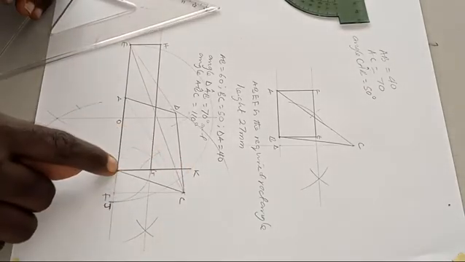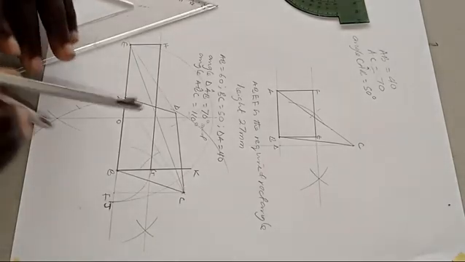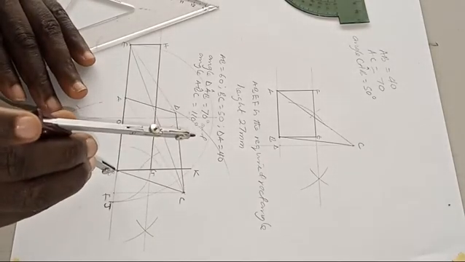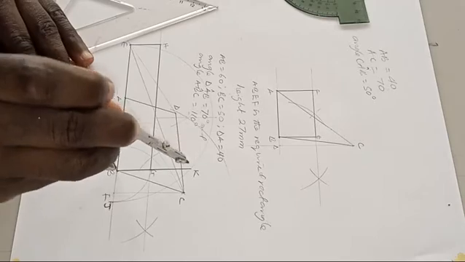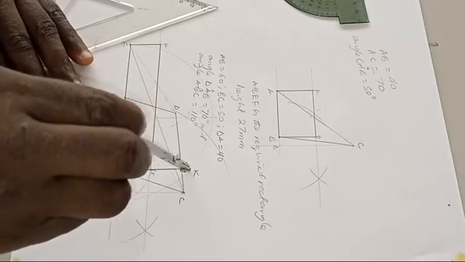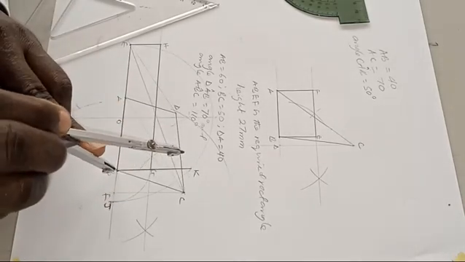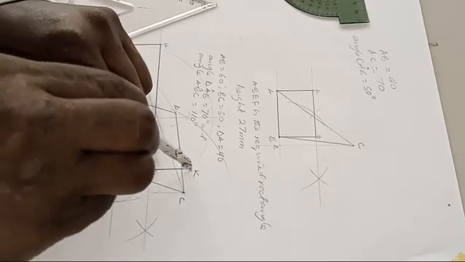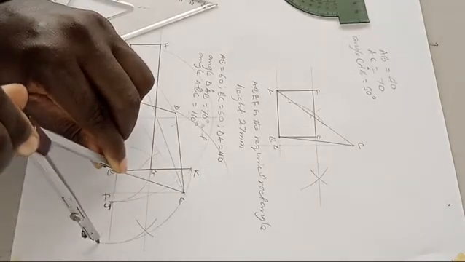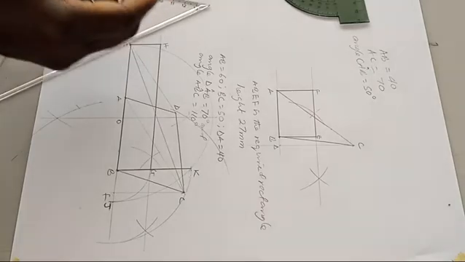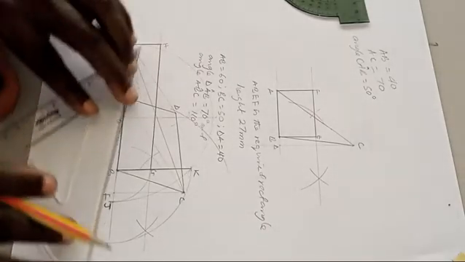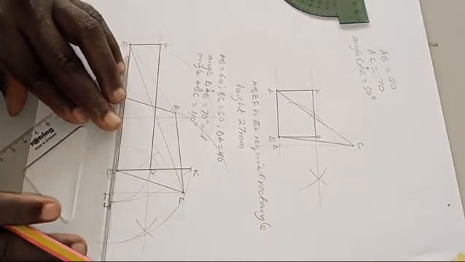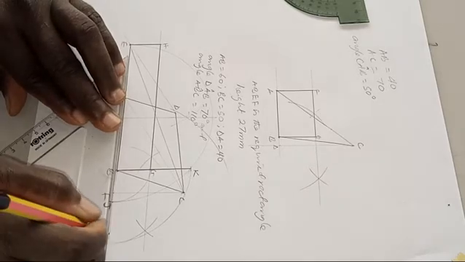You now measure the same length this way, or you just use your compass, put it on K, and you describe an arc. Let it stay very well. Okay, and you describe an arc like this. So you need to extend the base to intersect with it.